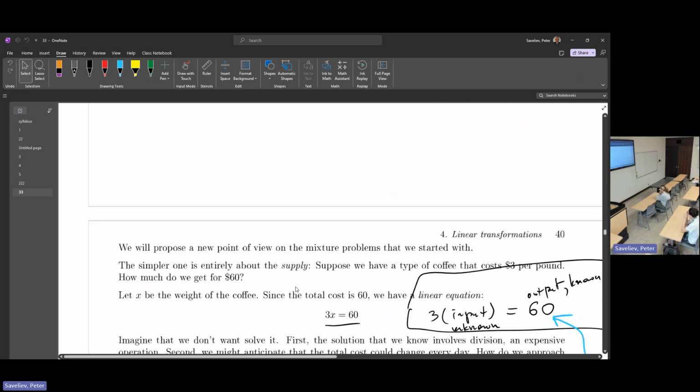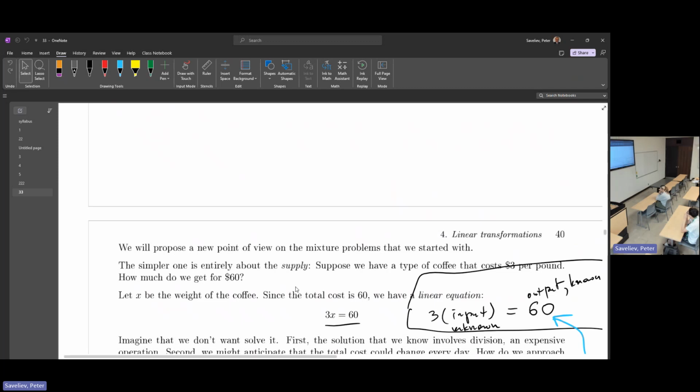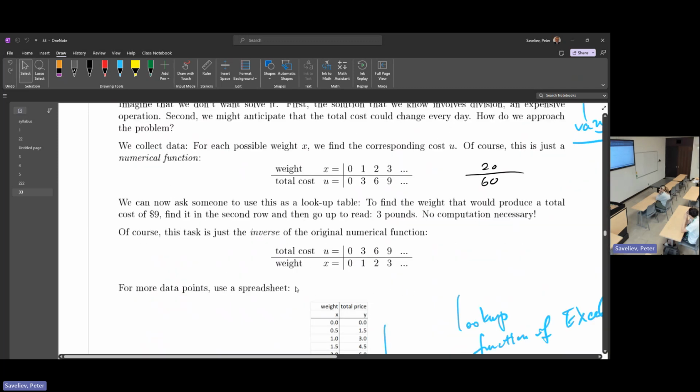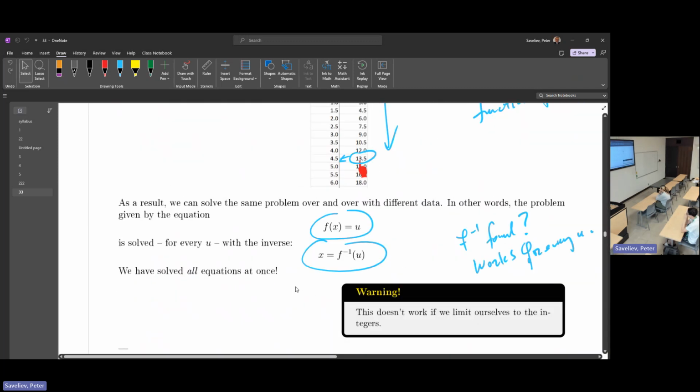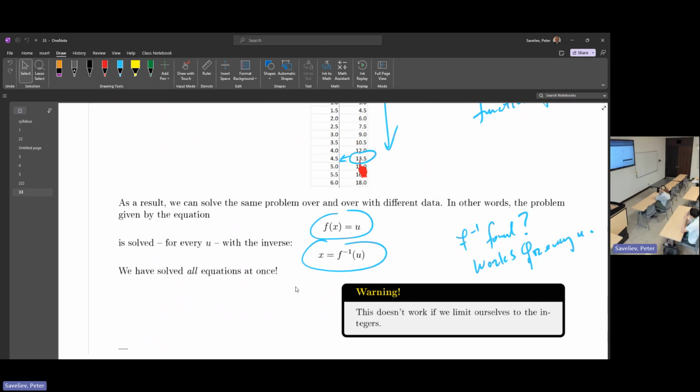So the mixture problem, it turns out, we were able to interpret as a 2 plus 2 problem. 2 inputs, naturally you can guess that's x and y, and then secondly you have 2 outputs, the other 2 outputs in total.